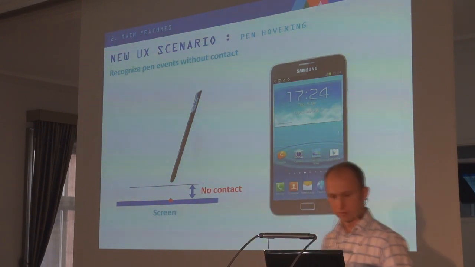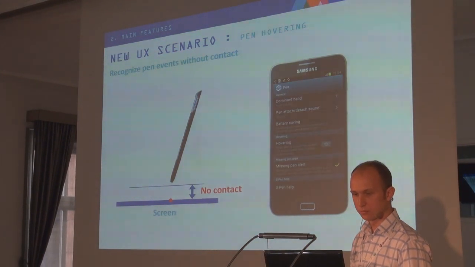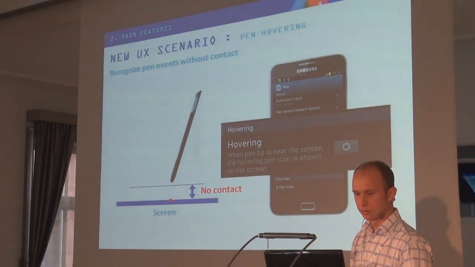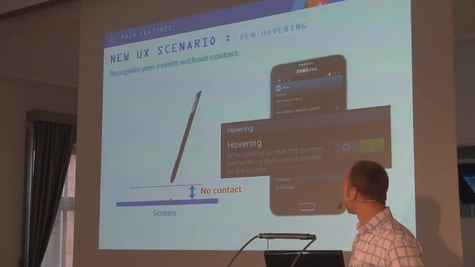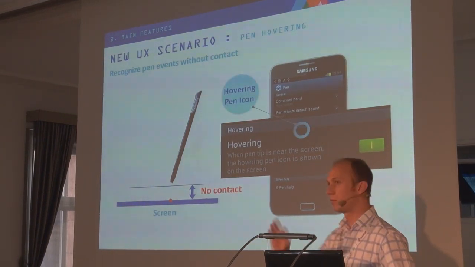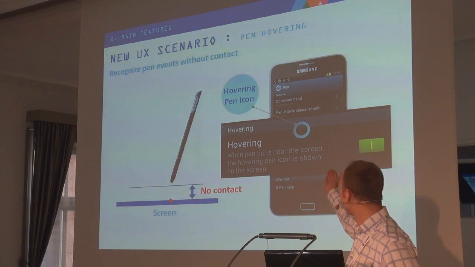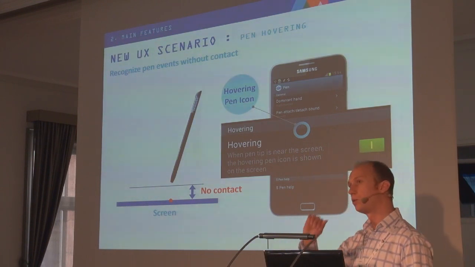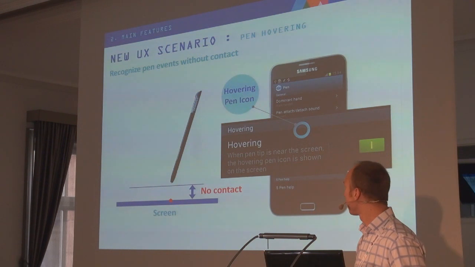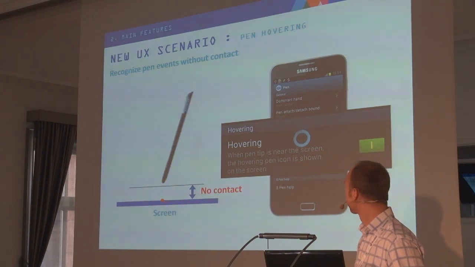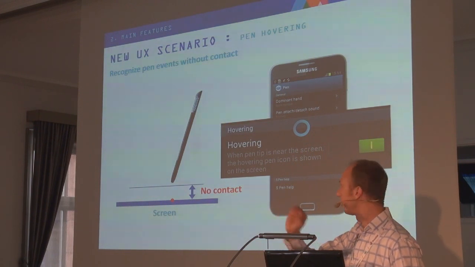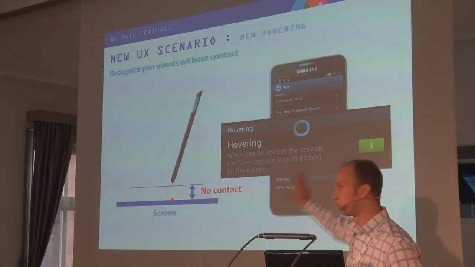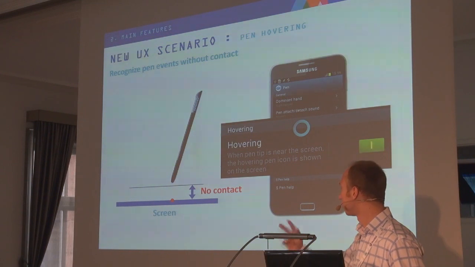Also, what is provided with this S Pen is that you can turn on a special hovering icon. What we can do with this, I can show you later in this presentation. And you can see that as you are moving the pen, the icon is moving across the screen according to the pen.